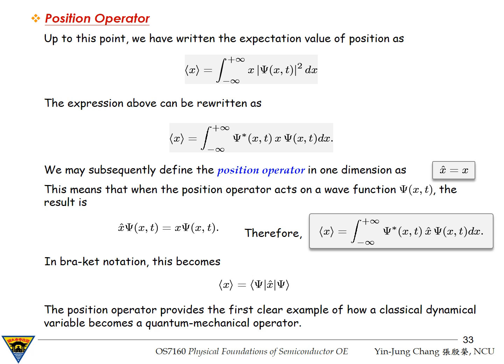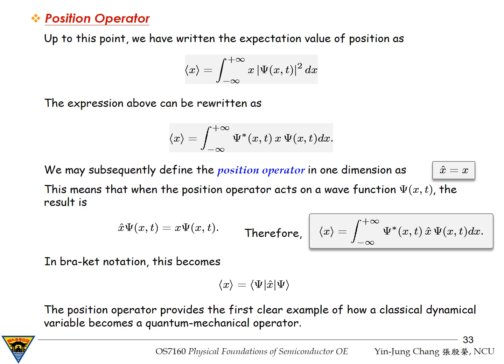So with this notation, the expectation value of position can now be written as shown, where we just replace x here with x hat right here in this expression. And in bracket notation, this becomes the expression as shown, which is the standard operator form of an expectation value.